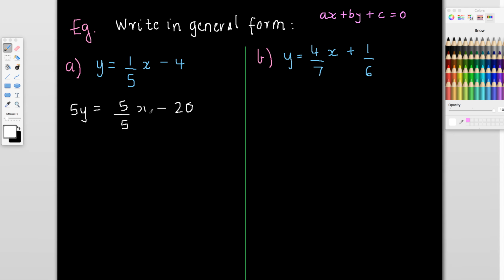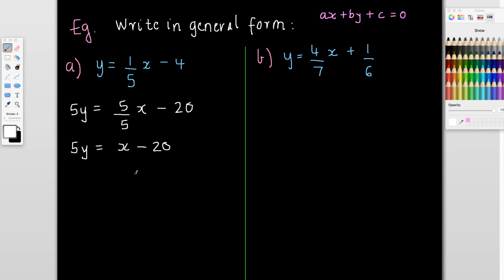I have multiplied every term. Multiplied the entire equation, therefore every term, by 5. The reason I did that is because now that denominator of 5 cancels out. So I've got 5y equals x minus 20.